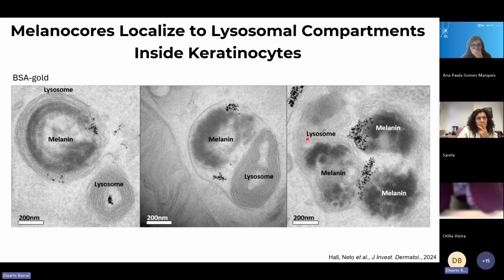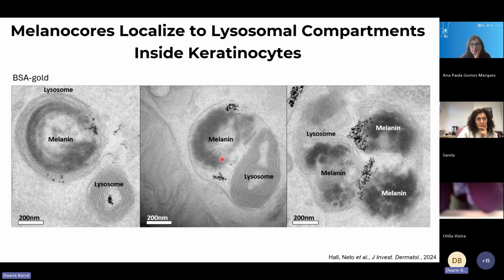So we went further, as I said, and we looked at melanin inside the keratinocyte with these models. Now that we have them working, we can go a bit further, and here we see melanin fusing with lysosomes.